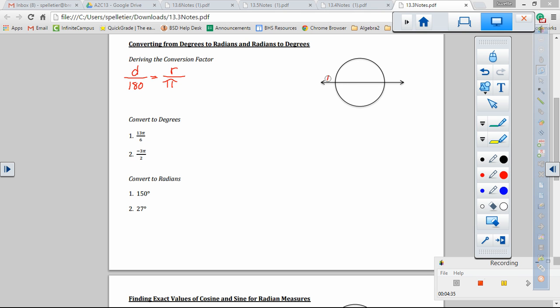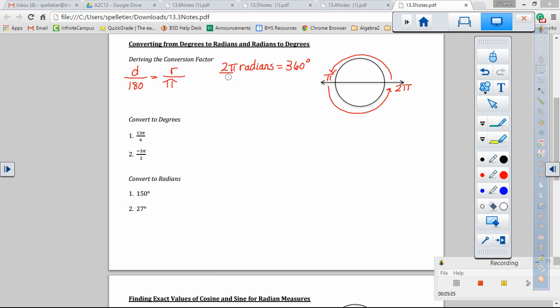Over here is pi, so this would be 1 pi, and then we would have a second pi. So 2 pi in a circle. That is the radian measure. So 2 pi radians is exactly the same thing as a full circle, 360 degrees.